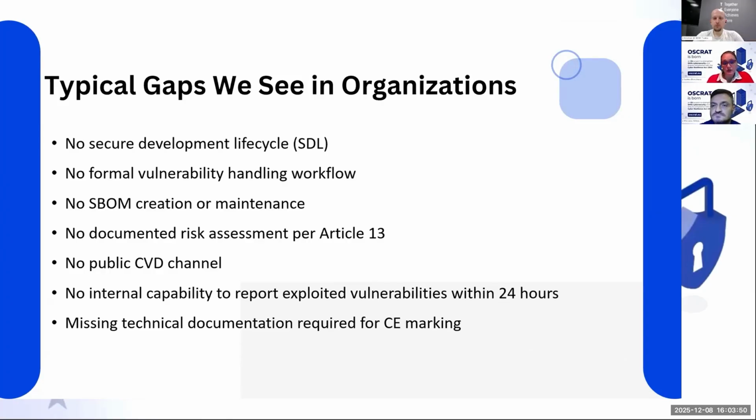So if your organization recognizes some of these, you're not alone. Most companies began their CRA journey in exactly this situation.